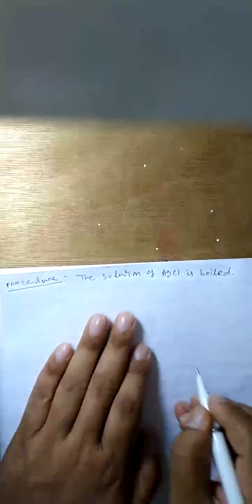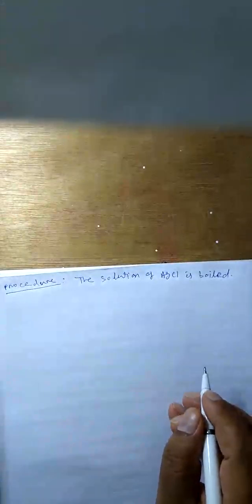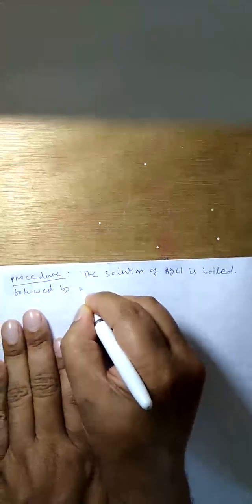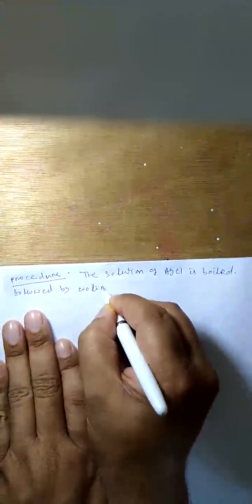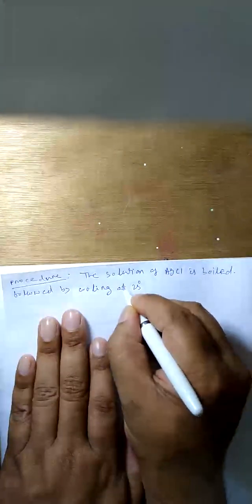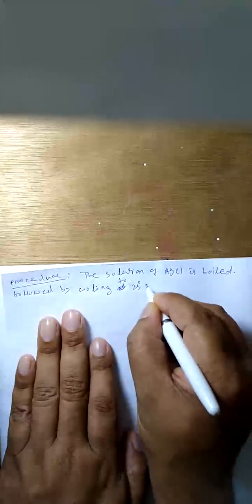When it is boiled, more silver chloride dissolves, followed by cooling to 25 degrees centigrade.